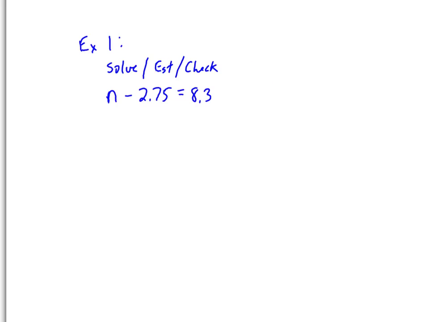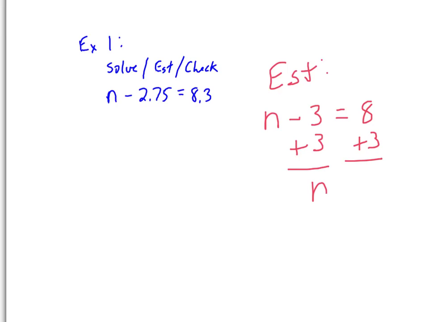So I'm going to estimate. Now I'm going to change the n minus 2.75 to n minus 3. I'm going to leave 8.3 at 8. I'm going to add 3 to both sides, and I'll get that n equals 11. So my estimate is that n needs to equal something in the neighborhood of 11.